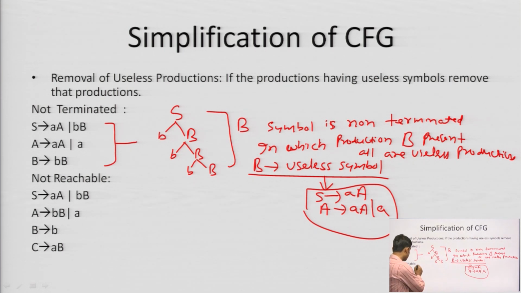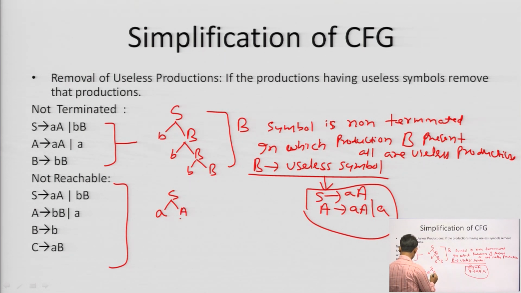Another is not reachable. What is not reachable? Obviously we have to start the derivation from the starting symbol. When we start from the start symbol, sometimes we could not reach some variable, that is useless, that is not reachable. You see, we will go to S, you start from S to A.